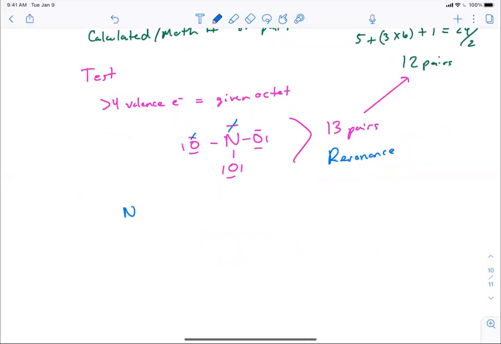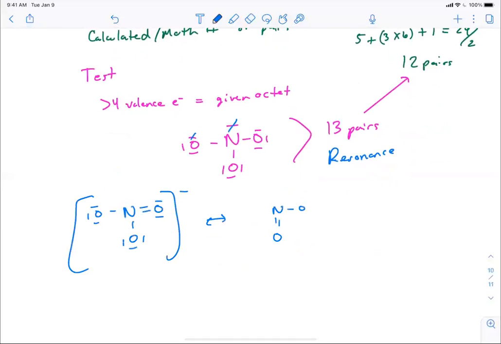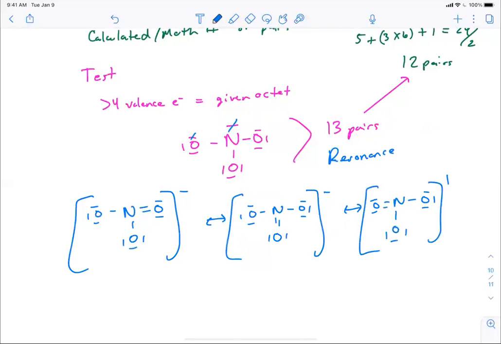So what happens is it interchanges between these 3 states. Oh, sorry, -1. That's resonance.